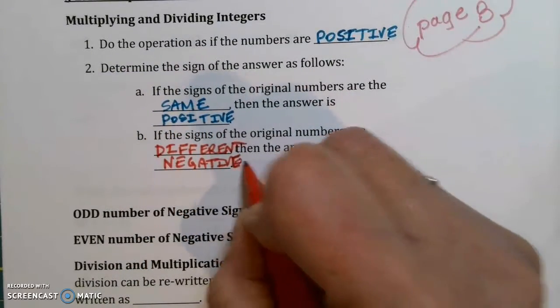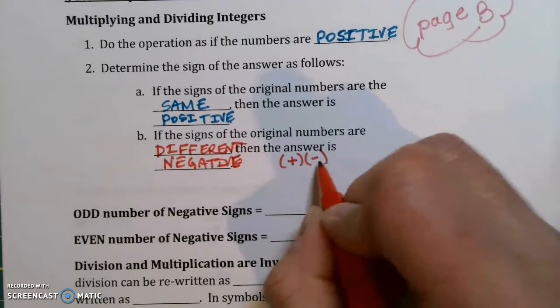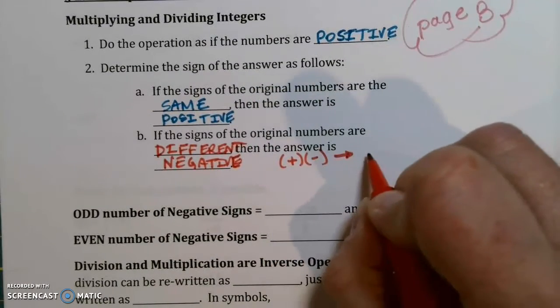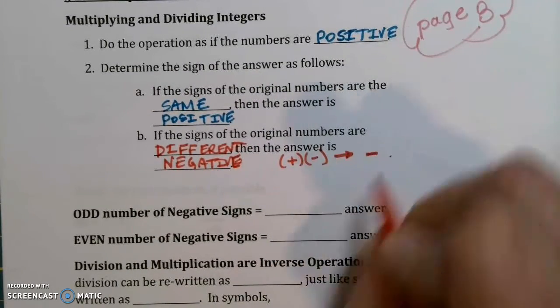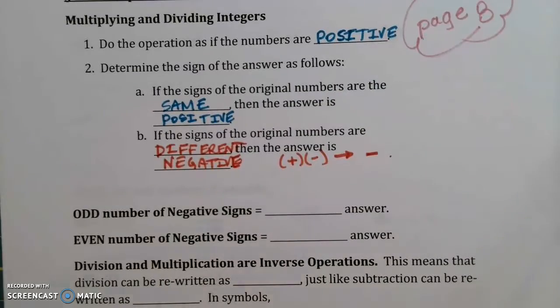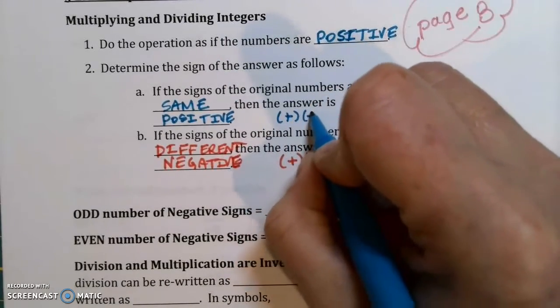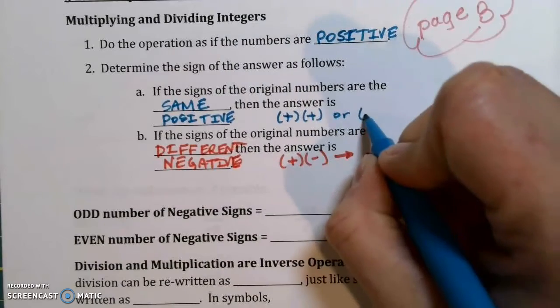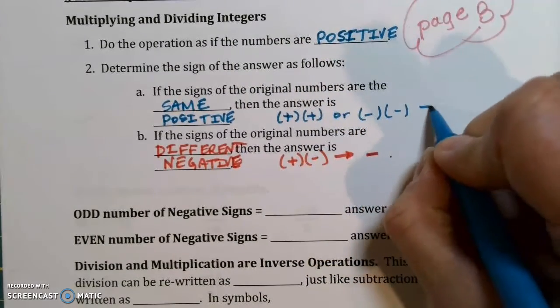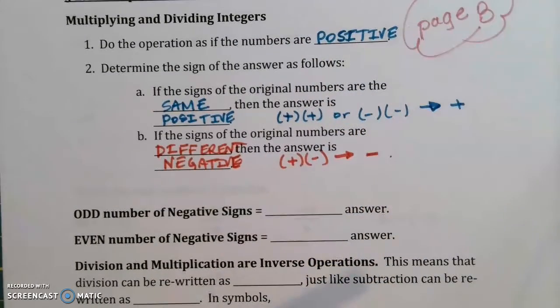So another way to think about that is that if we have a positive number times a negative number, that is always going to give us a negative answer. And if I have either a positive times a positive or a negative times a negative, that is going to give me a positive answer.